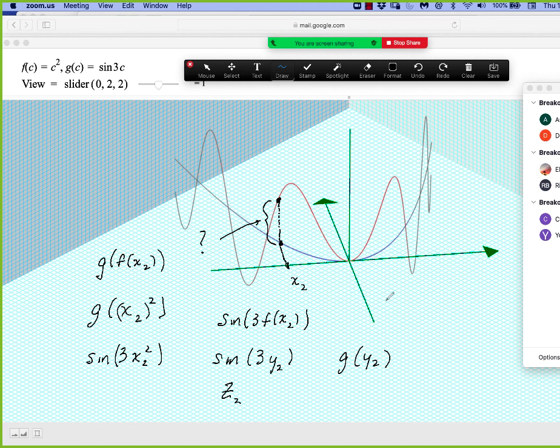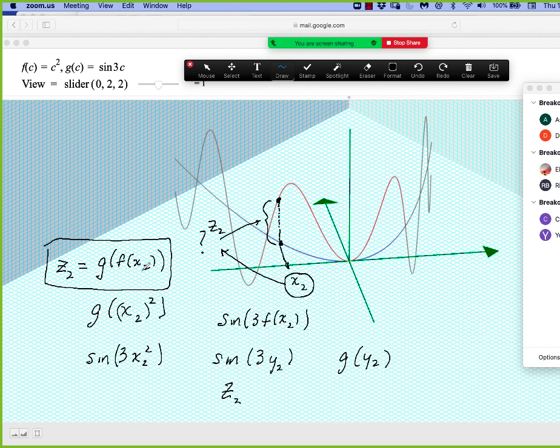So really, for the value x2, that results in some z2, right? So if this is z2, for any given x it results in some related z on the red graph, right? We can look at that and just generalize that.